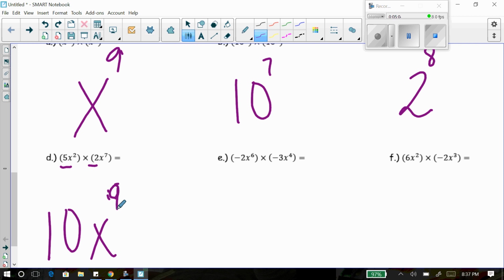Similarly, the x's are being raised to the exponent, not the -2 and the -3. Now, -2 times -3, they're the same sign, so it's positive. x to the 6 plus 4 is 10.